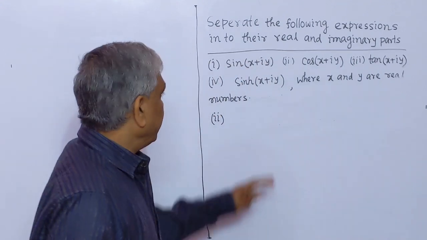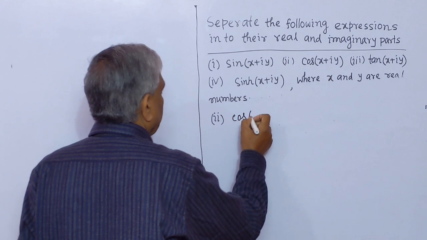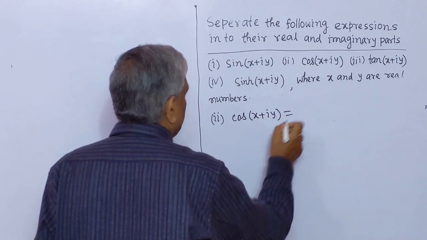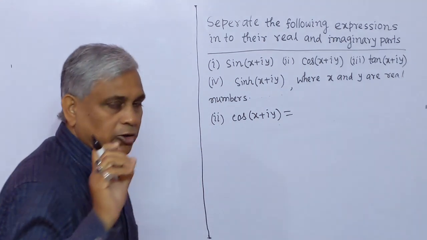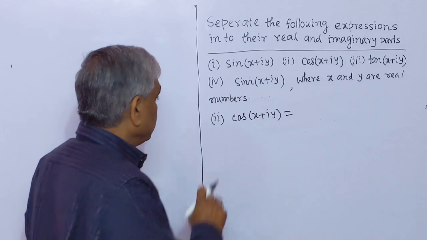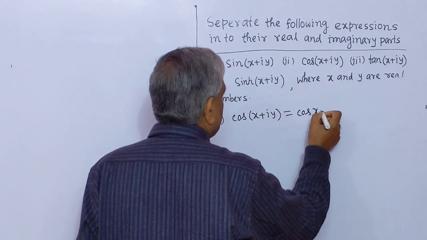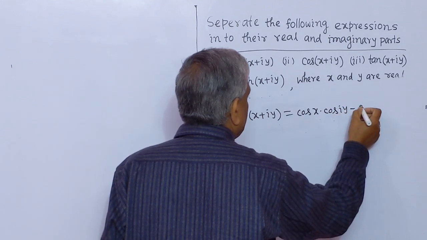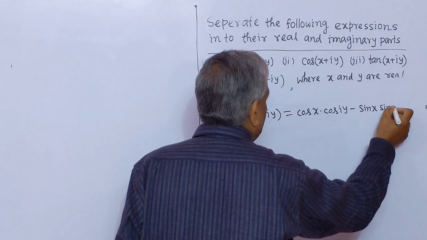Number 2, cos(x + iy). Cos(a + b) is cos a cos b minus sin a sin b. So here we write cos x cos iy minus sin x sin iy.